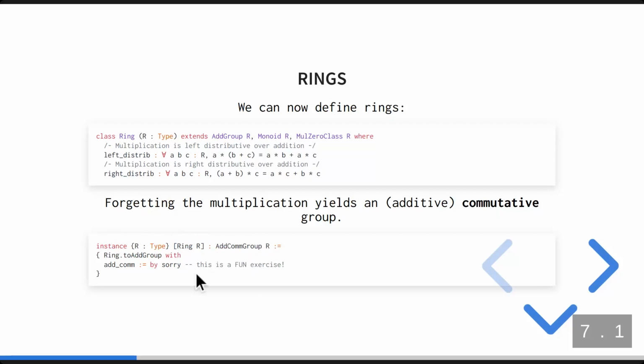I left it in the exercises to prove this. So if you have a not necessarily commutative ring, and then you forget about multiplication, the addition is automatically commutative. Okay, you didn't need to put this in the axioms.